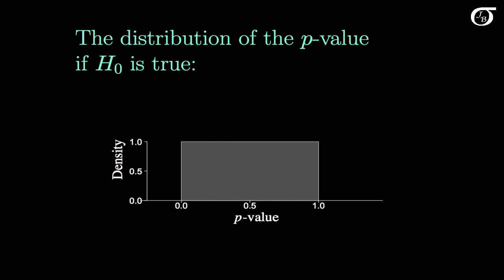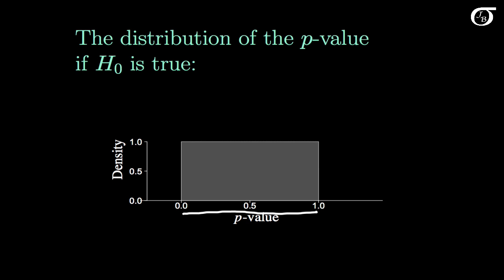For continuous test statistics, under the assumptions of the model, if the null hypothesis is true, the p-value will have a uniform distribution between 0 and 1. And, a little loosely speaking, any value between 0 and 1 is equally likely to occur if the null hypothesis is true.